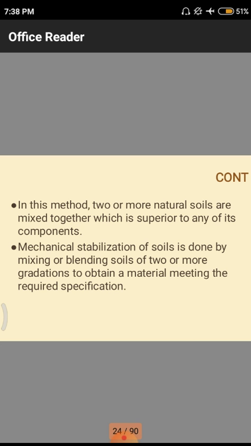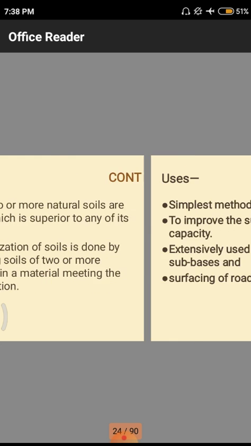So these kinds of techniques will be useful whenever we have a huge amount of land with low strength properties and physical properties. Definitely we will go for stabilization. Automatically the strength and properties of the soil will be strengthened, and we can carry out our construction at a very low economic cost.